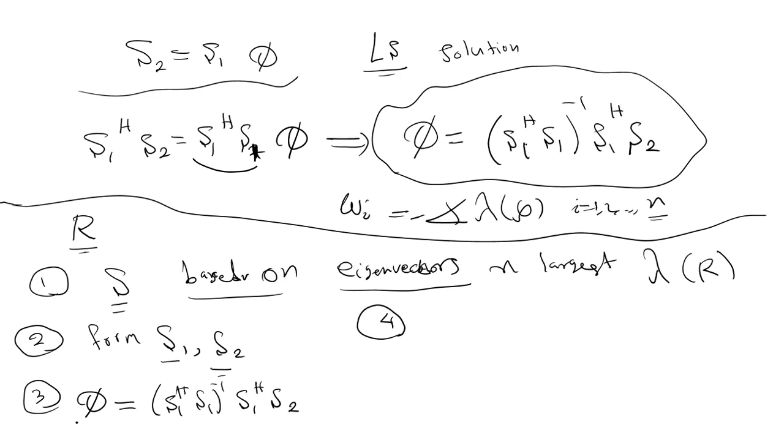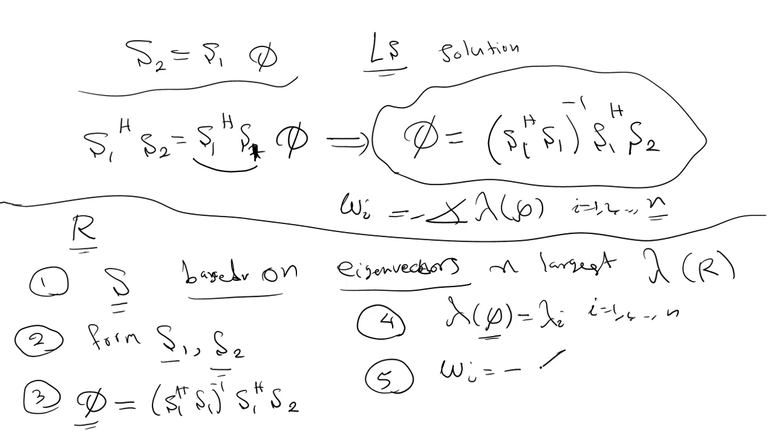Finally, we can find the eigenvalues of the matrix Phi. And our frequencies are the minus phase of lambda i for i equals 1 until n.